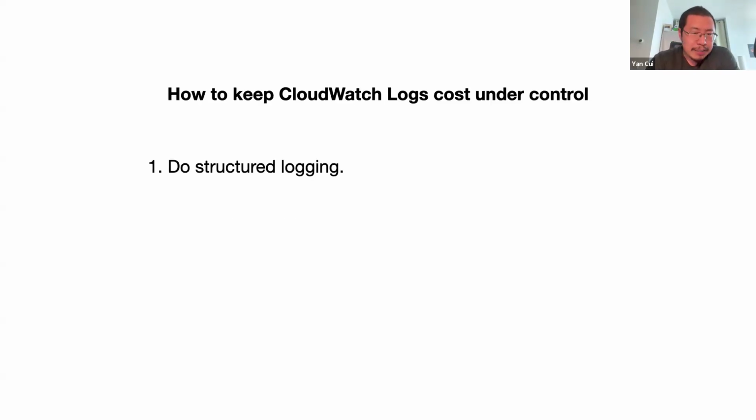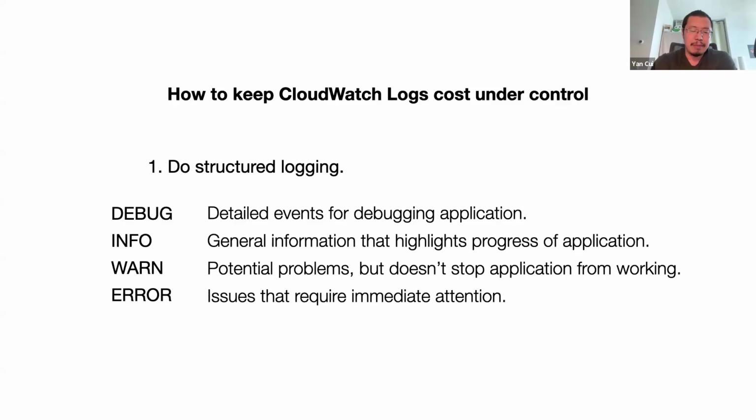A couple of things I normally like to do to keep my CloudWatch Logs cost under control is make sure I'm doing structured logging, so that every time I log something in my application, I think carefully about what category this log message belongs to. Is it just for debugging, so I have fine-grained information about exactly what's happening? Is it some general information, like we just started this process, or we initialized caching?